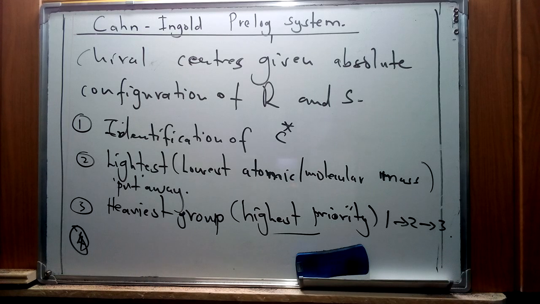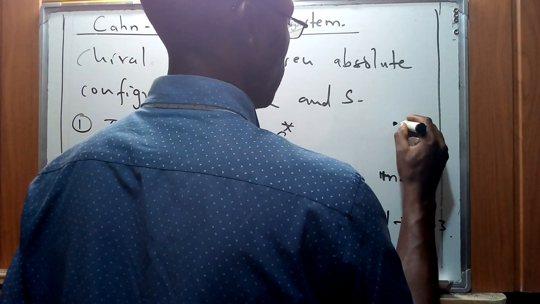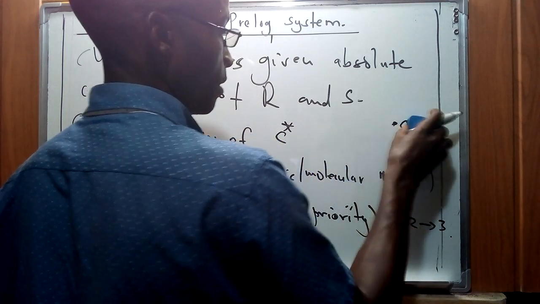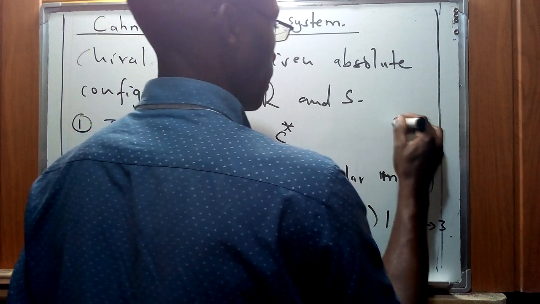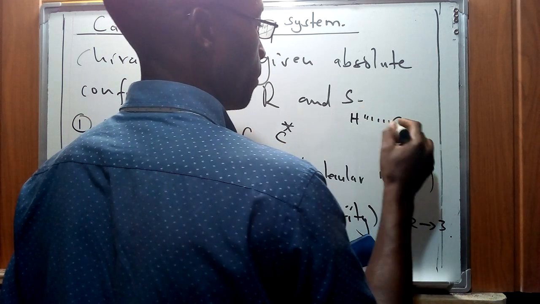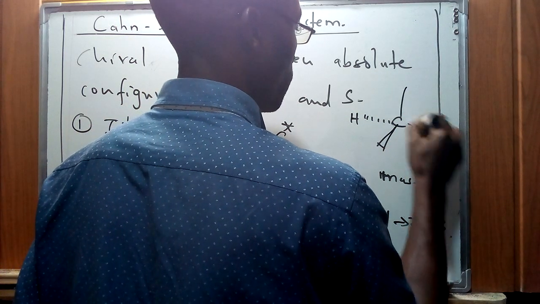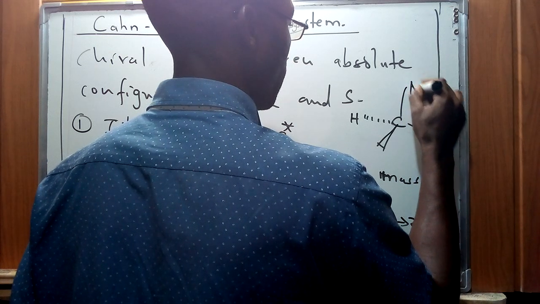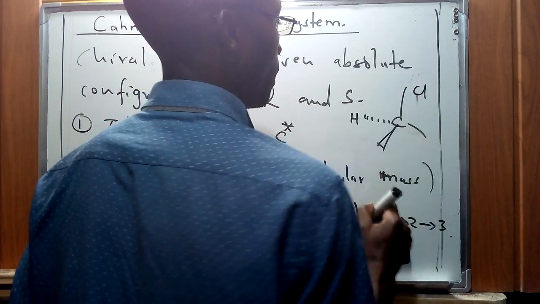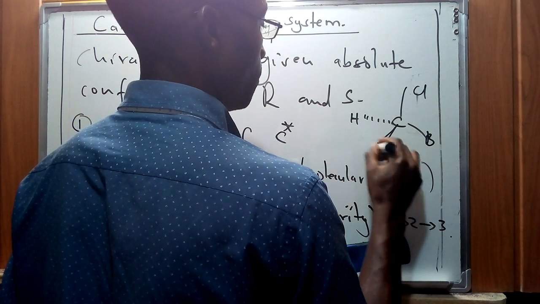Say for instance this is a carbon with the lightest group pointing away, and the other molecules, let's say this is a nitrogen, a chloro, maybe a bromo, and then this may be an OH.